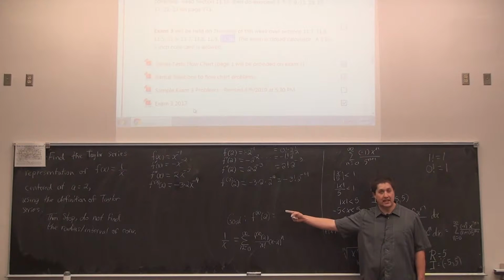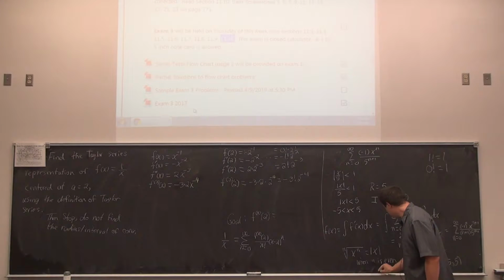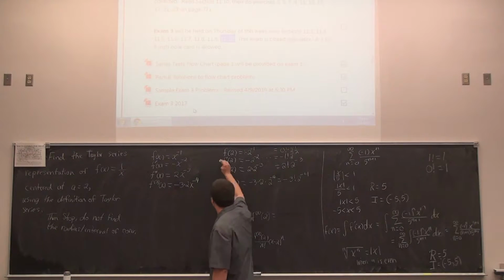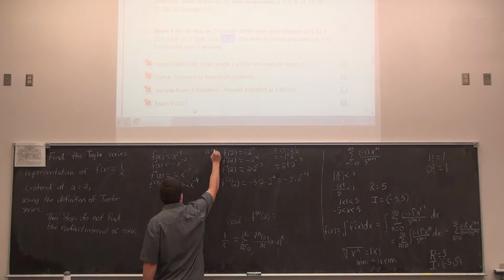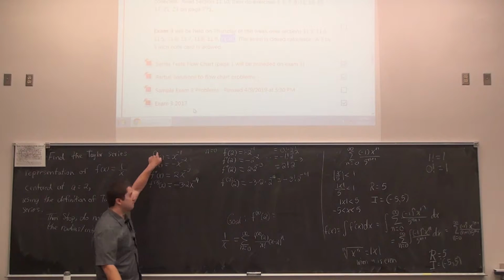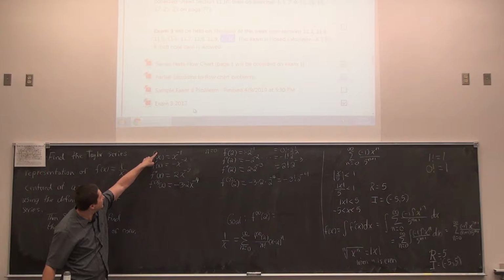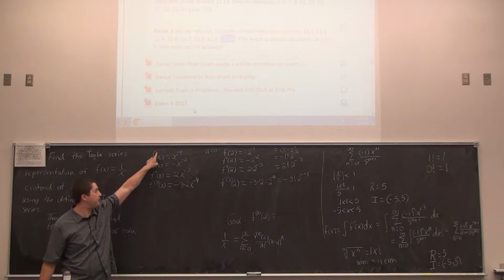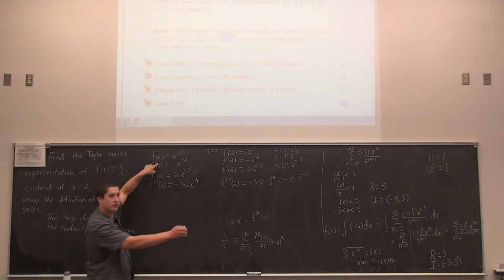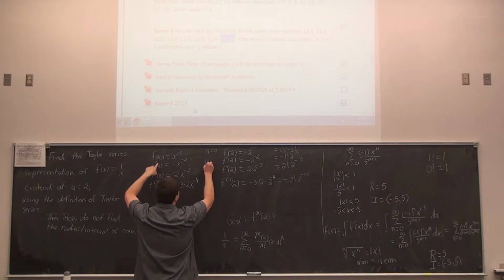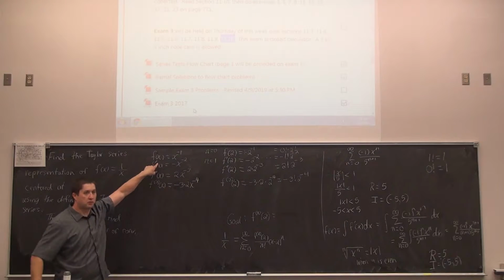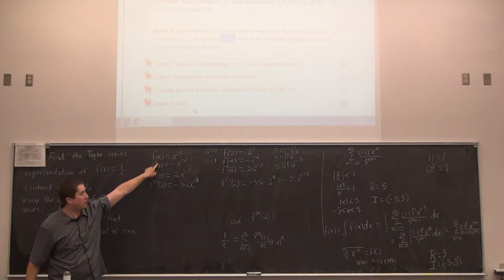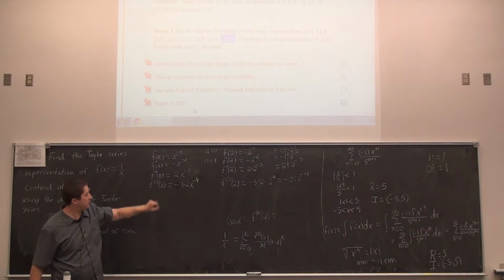Okay, so when we're writing down this pattern, one key issue is we have to be careful of the indexing. With the indexing we think of this as 0, because this is not technically correct, but I think of it as the 0th derivative. Then finally, this is the first derivative. And that's the only reason we're starting at 0 when we look at power series, because we're thinking of derivatives.